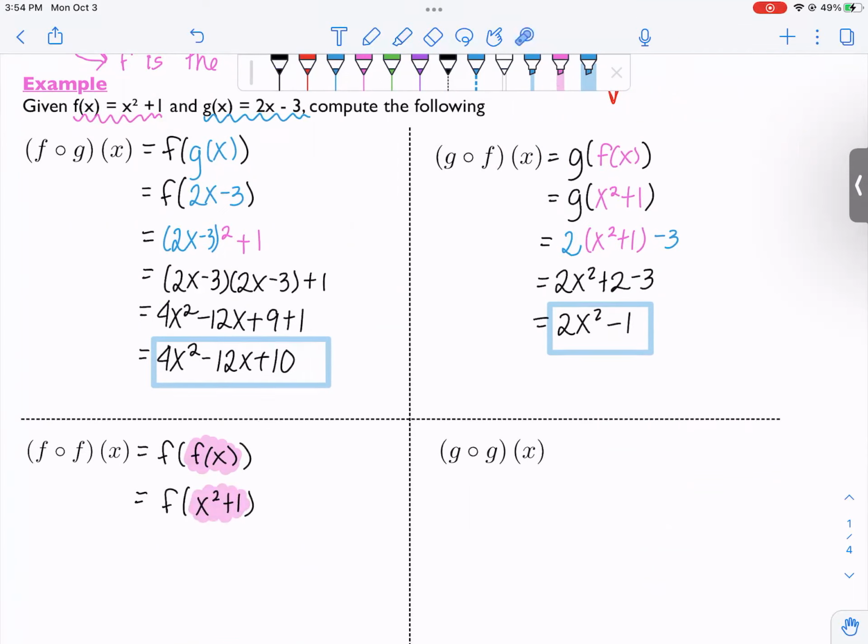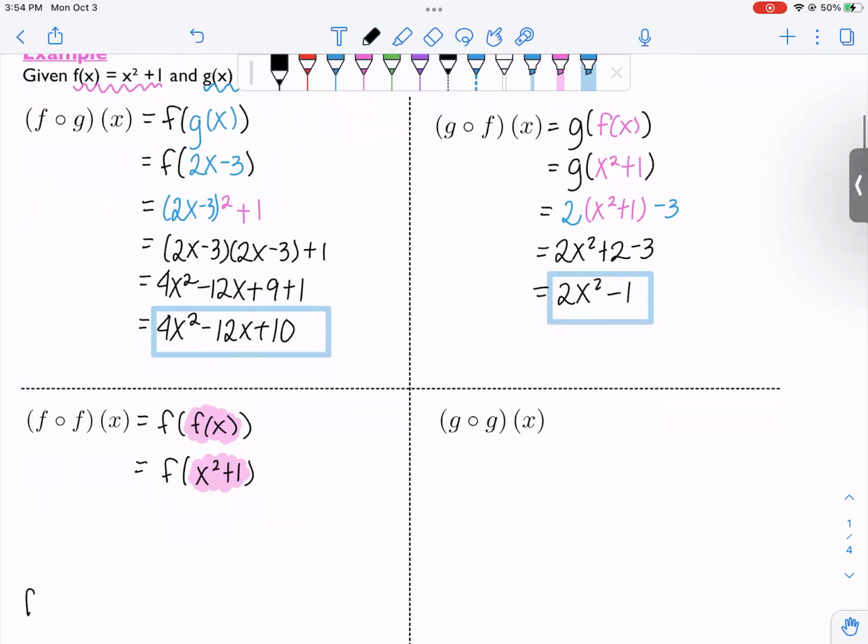So now I'm taking x squared plus 1 and I'm plugging it into the function x squared plus 1. If we think of f as being f of whatever equals the whatever squared plus 1, what I'm doing is I'm putting x squared plus 1 into this square here.